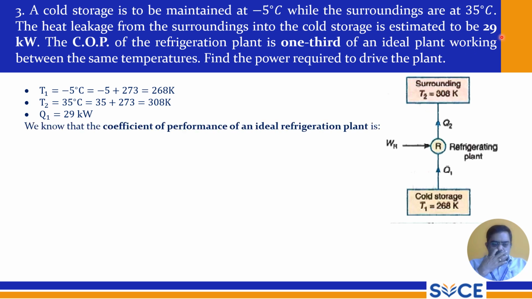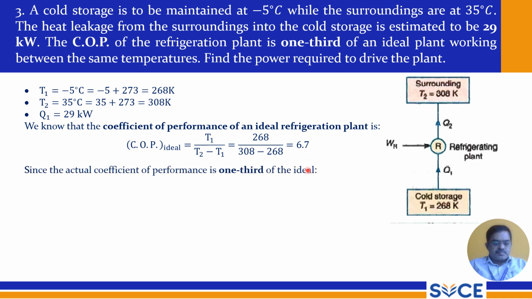We know that the coefficient of performance of an ideal refrigeration plant is T1 divided by T2 minus T1. So that is 268 divided by 308 minus 268. It is 6.7. COP of the ideal refrigeration plant is 6.7.